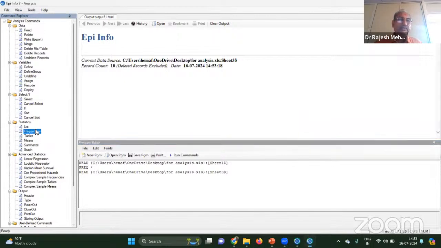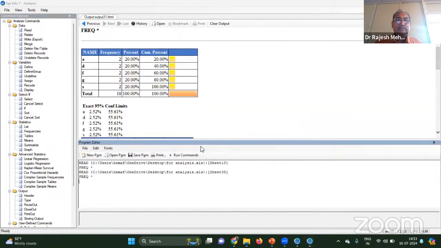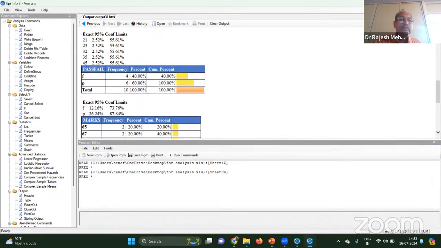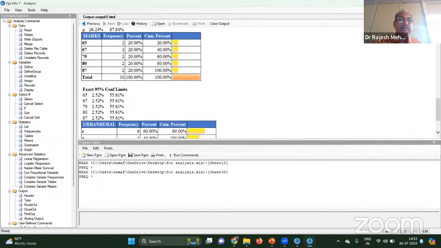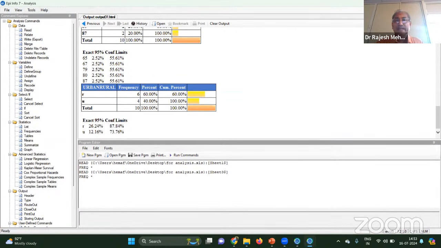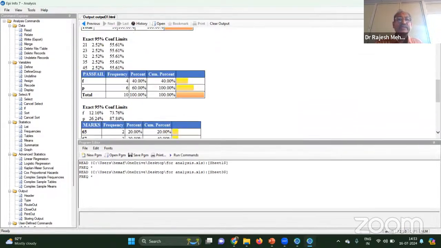Now let's go for Frequency, Start. We are analyzing directly from the Excel file: then comes age group, pass or fail, marks, rural, urban, and this is what we are getting.